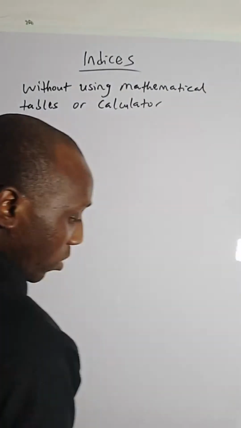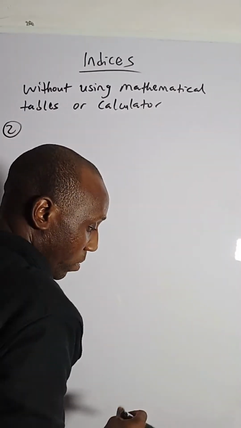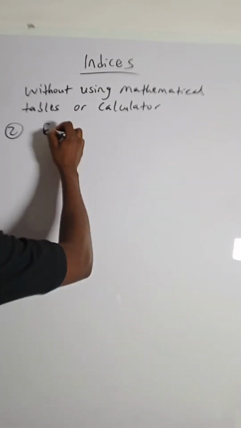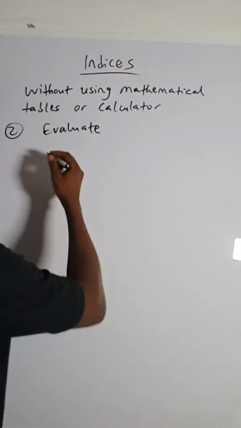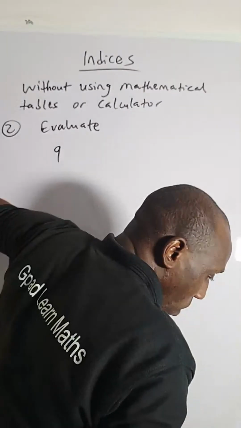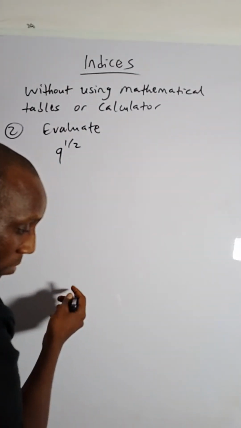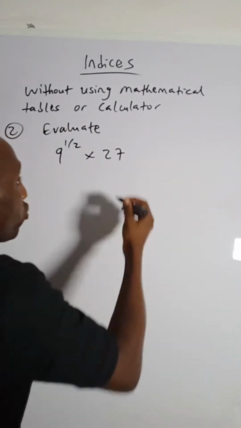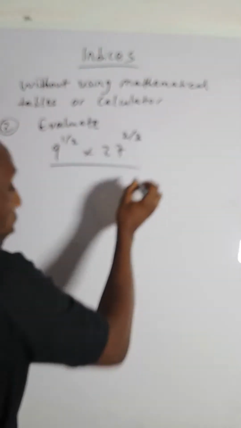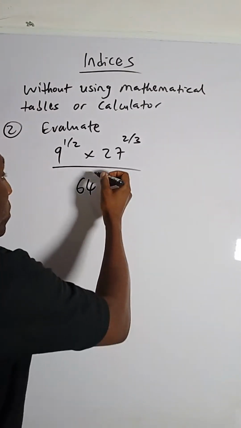Okay, so let's just do one more under this. Evaluate 9 raised to the power of 1 over 2 times 27 raised to the power of 2 over 3, divided by 64 raised to the power of 2 over 3.